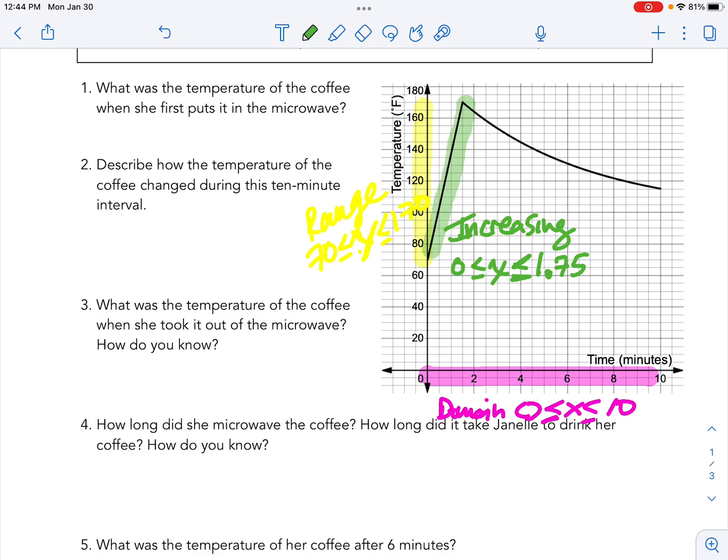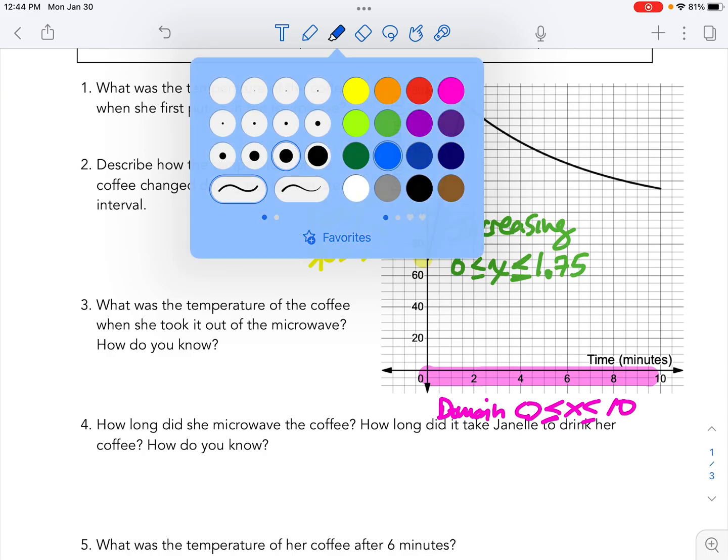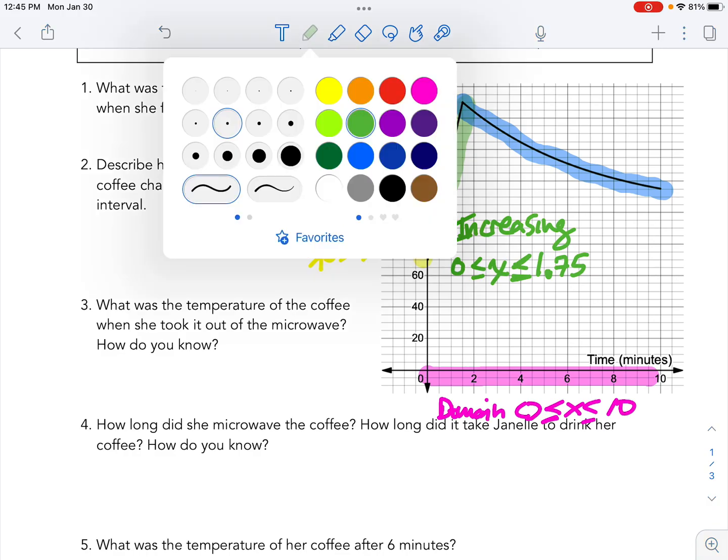That's where the increasing is happening, but then we can go ahead and most certainly see that at that spot, at that maximum location, that is where we're going to go ahead and start seeing the decline. So we see our graph go down and down and down and down at that location, and that is where we're decreasing.